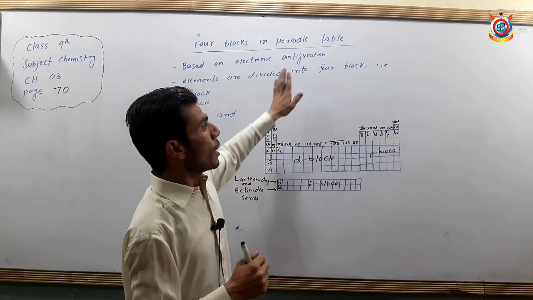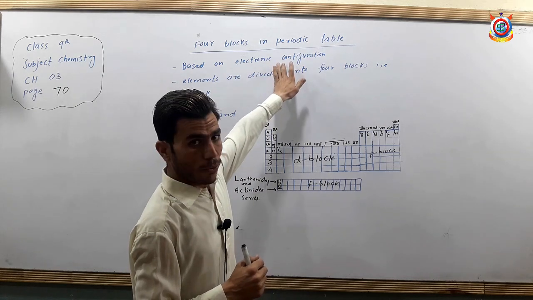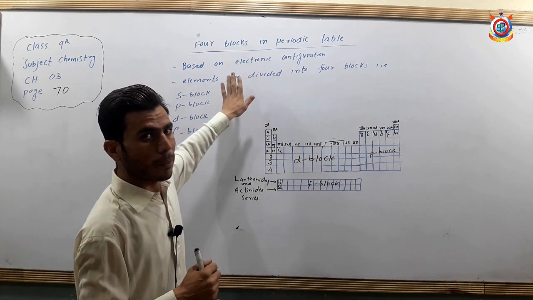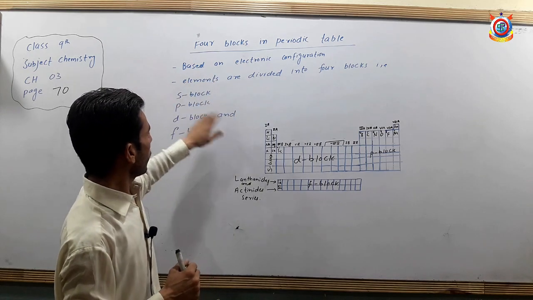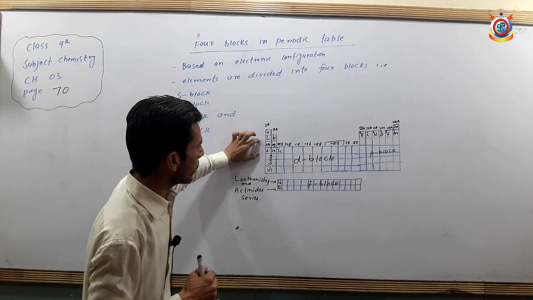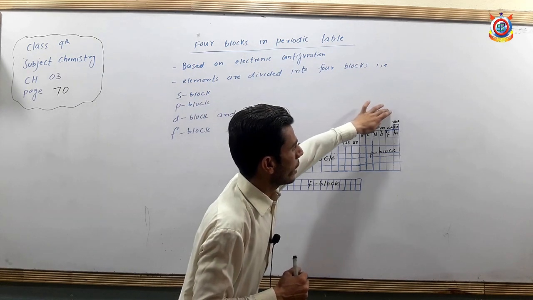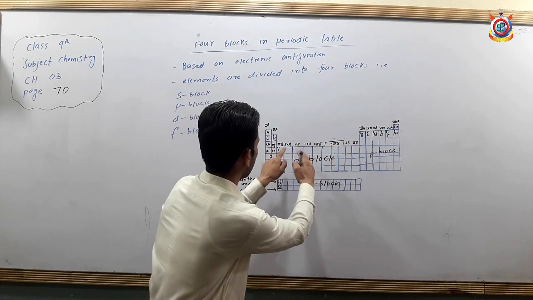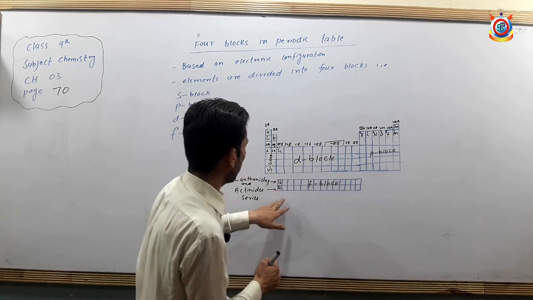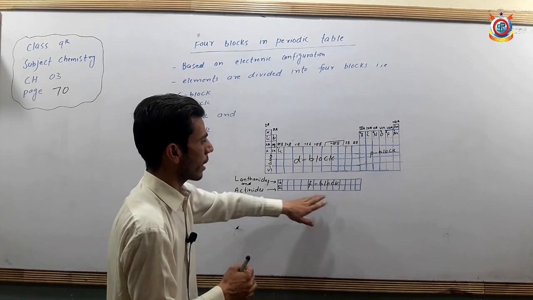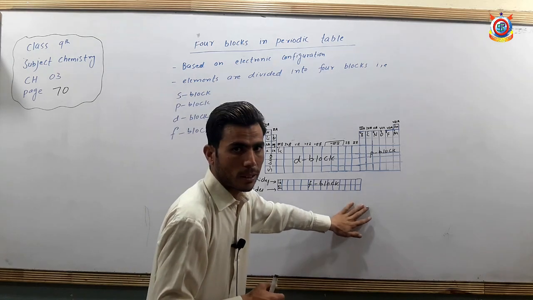So on the basis of electronic configuration, elements in the periodic table are divided into four blocks.